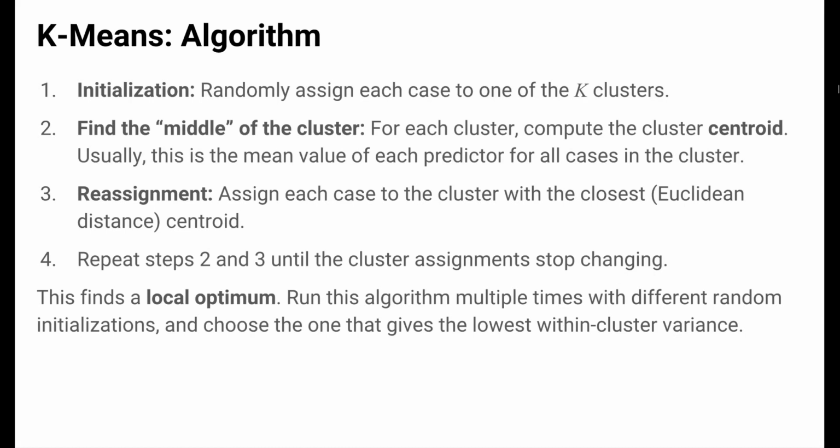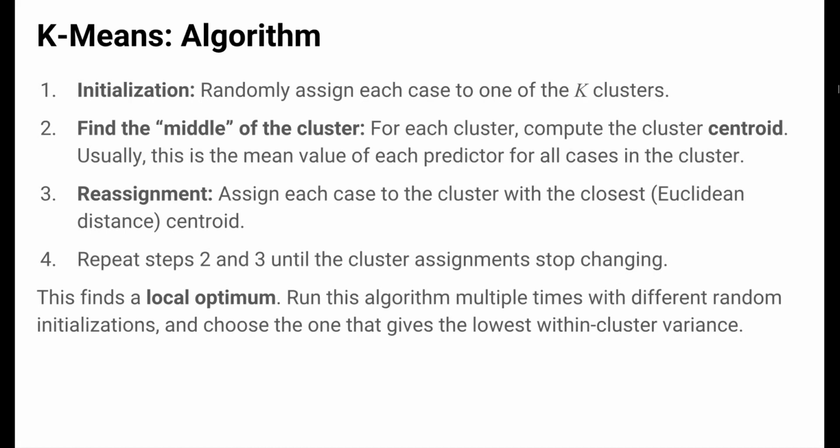Second, we find the middle of the cluster. So for every cluster, for every one of the k clusters, we compute the cluster centroid. Usually this is the mean value of each predictor for all cases in the cluster. The third step is reassignment. So then we assign every case to the cluster with the closest, in terms of Euclidean distance, centroid.